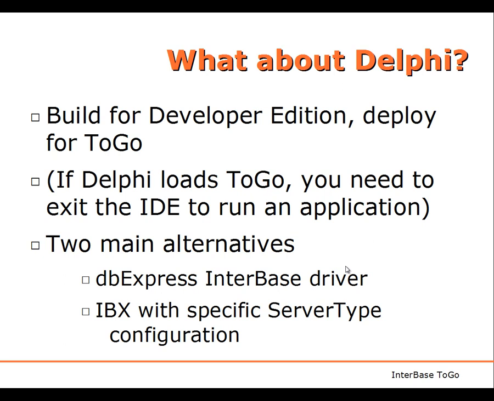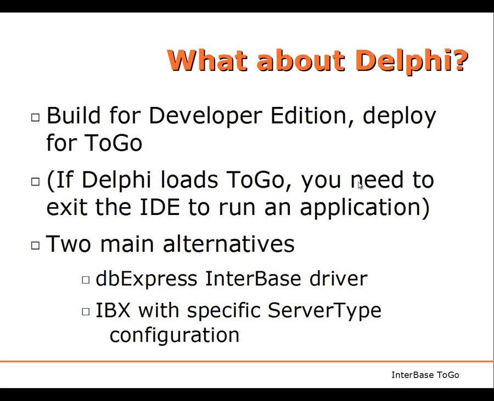There are two main alternatives in the box. There are other third-party alternatives, of course, but there are two main alternatives in the box. That's what I'm going to explore in this webinar. One is the use of the dbExpress InterBase driver that fully works against the full version of InterBase, but also against InterBase ToGo. And the other option is to use the IBX controls, the InterBase Express controls.